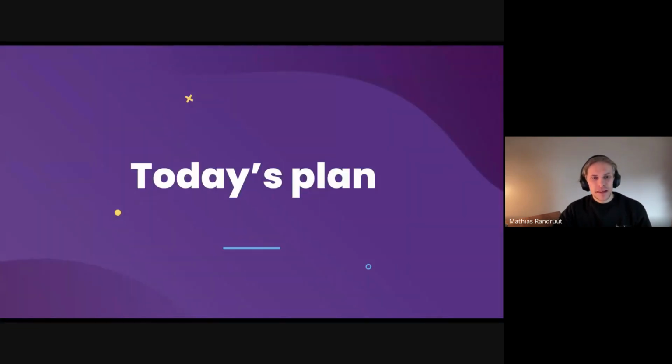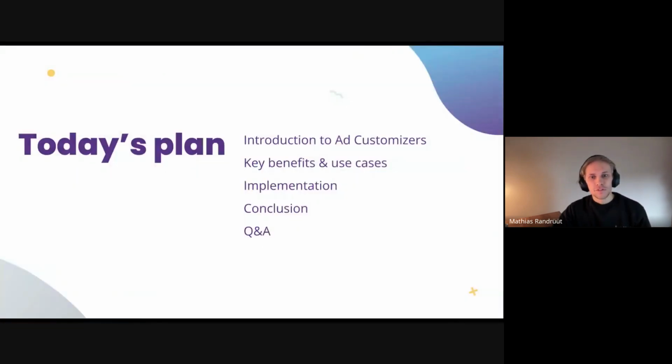Briefly about today's plan. First of all, I will be doing a short introduction on ad customizers, what they are, how they work, how they enable us to dynamically adjust ad text, and how and why it could be useful for you. Then we will be covering the key benefits and use cases, and also explore Google's machine learning a little bit deeper and how customizers can actually support machine learning.